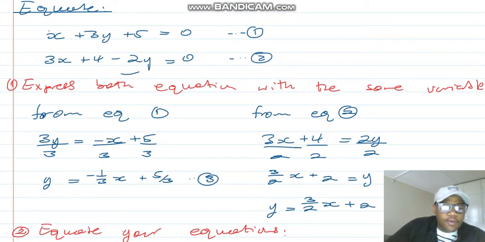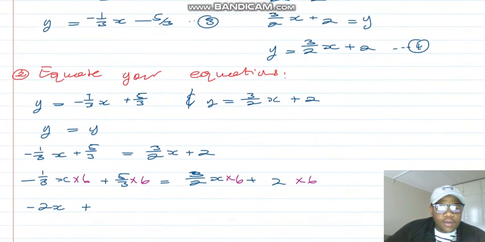Oh yeah, I can see it now. From this equation, I said I'm going to leave 3y, and I'm going to take x to the other side so that it becomes negative. I'm going to take 5 to the other side so that it becomes negative. It should become negative, but it's not negative. It was positive, so I'm going to change it to negative. That's why I saw that my answer is not going to look nice.